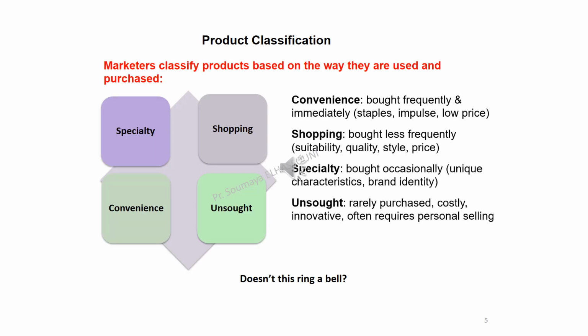Okay, so once we understand the structure of the product, let's talk about how products are classified. Usually products are categorized based on how customers purchase and use them. Basically there are four main types. Let's start with the convenience products.